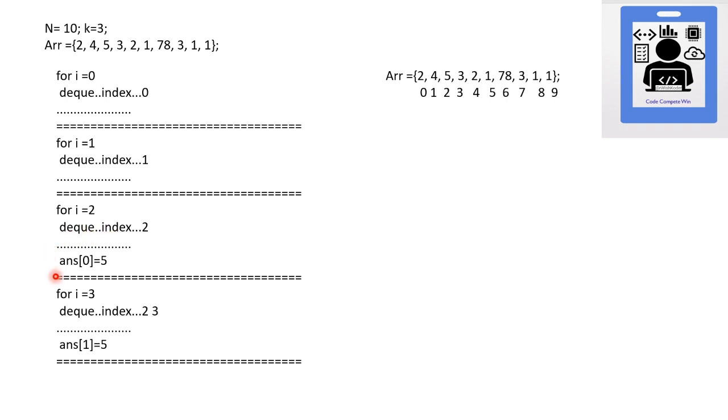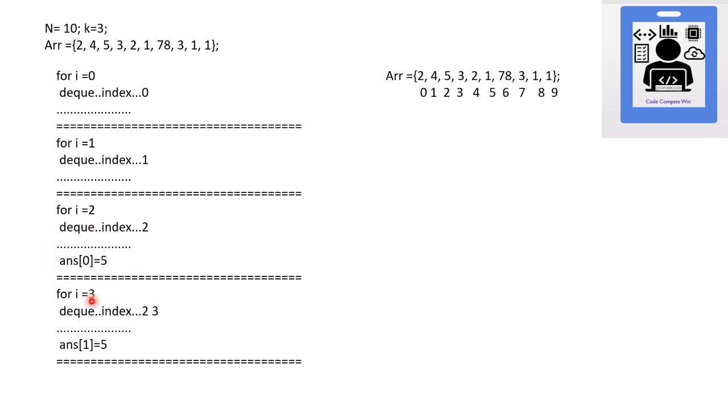So here our answer 0 equals array of deque dot front. At the front there is index 2, and the value at index 2 is 5, so we store 5 in our answer.